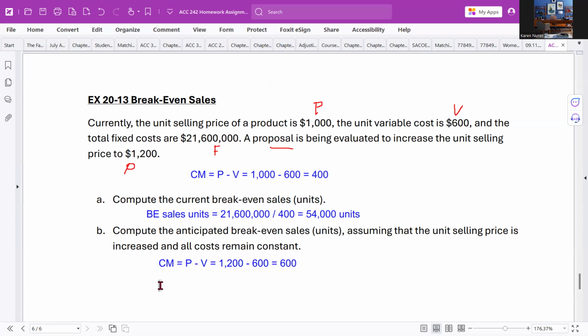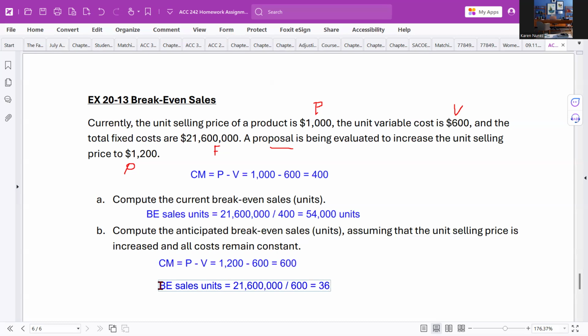And the break even in sales units is again going to equal 21,600,000 divided by that new unit contribution margin. So now break even is going to go down. You don't need to sell as many units because you're getting more contribution margin per unit.